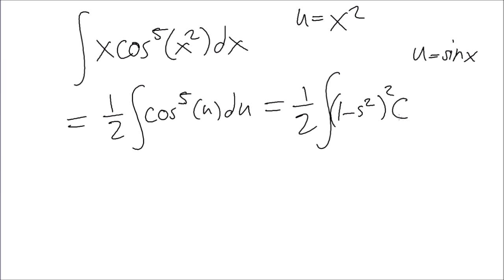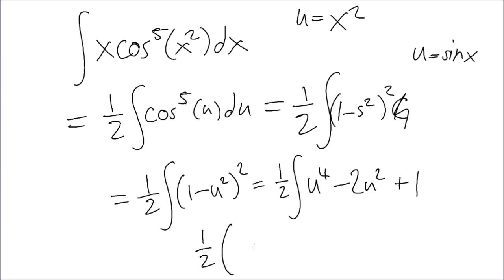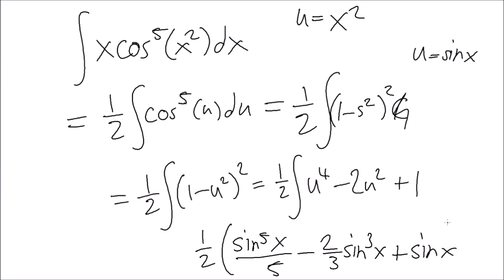And now our du would take care of this, and we end up with a half of 1 minus u squared squared. A little bit tedious, but let's go ahead and do it quickly. Okay, and so then we have half sine 5x over 5, minus 2/3 sine cubed plus sine of x. And this would be our answer.